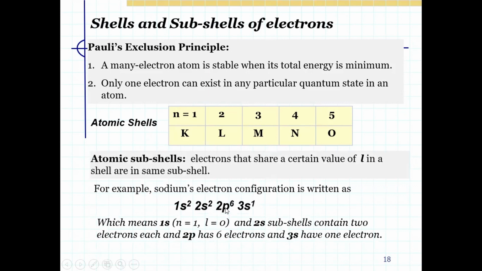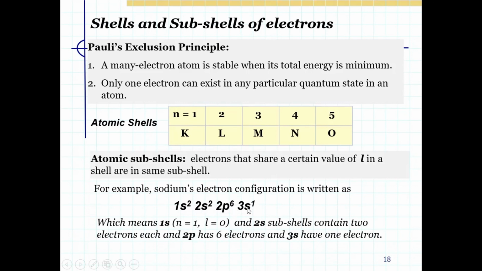However, p, as we have seen previously, has l equal to 1, so 2l plus 1 states are possible. So there are 3 states possible, but spin up and spin down make it 6. So 6 electrons can be occupied. So 1s, 2s, and 2p in total have 10 electrons.